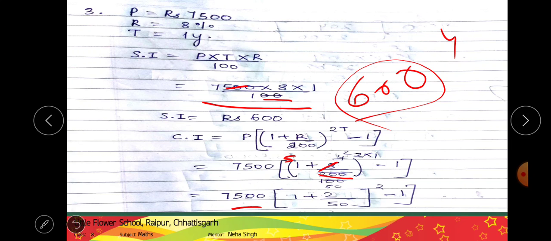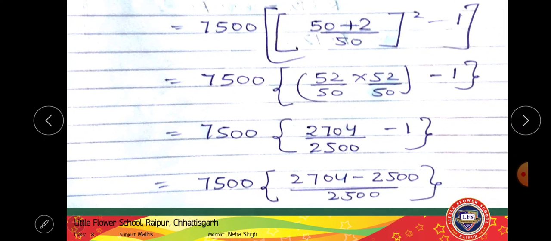So what are we left with? 75,000 into 50 plus 2 upon 50 square minus 1, right?